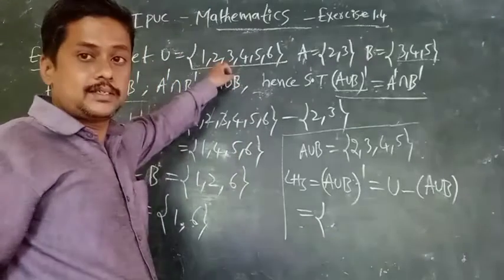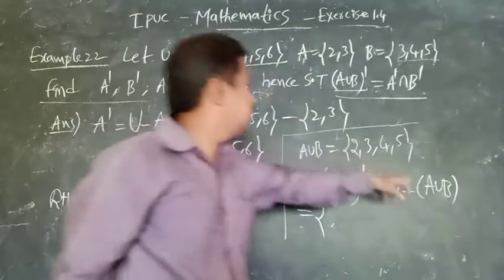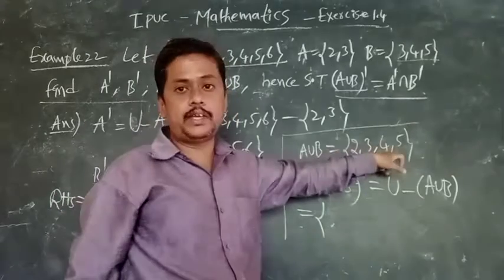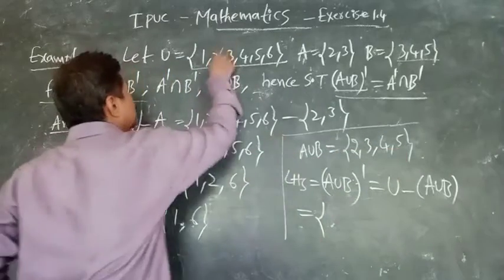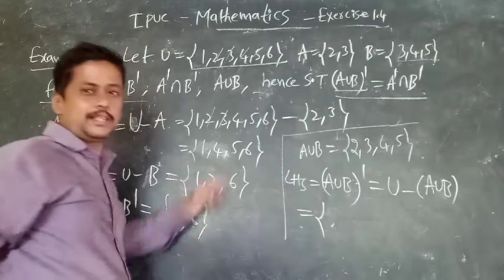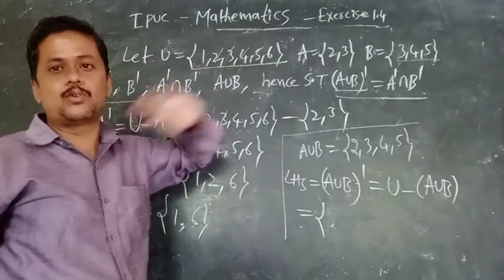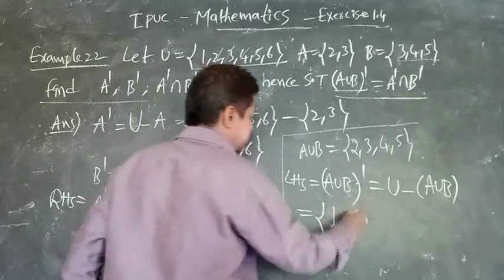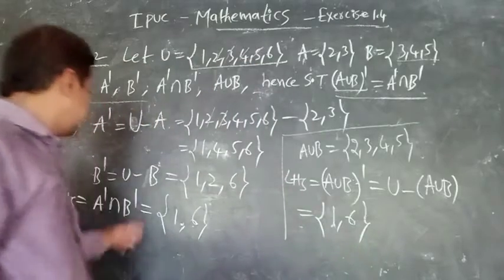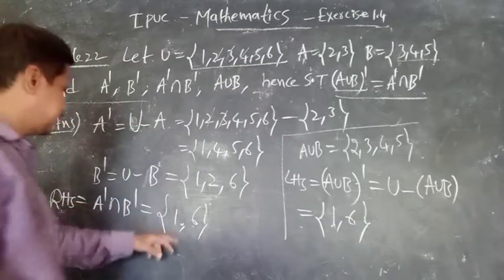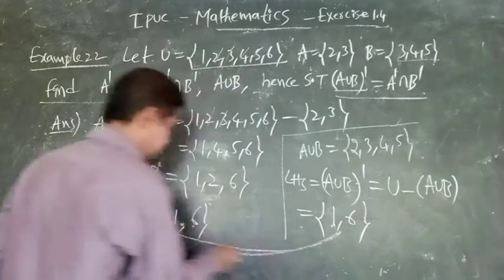Minus A union B. 2 3 4 5 have to cancel. What is the remaining thing? 1 comma 6 only. So therefore 1 comma 6. Okay. So here also see, 1 comma 6 already. Both are the same. Okay.